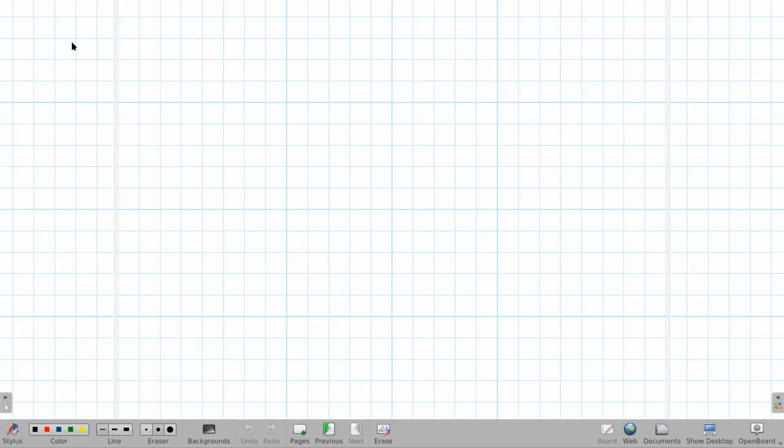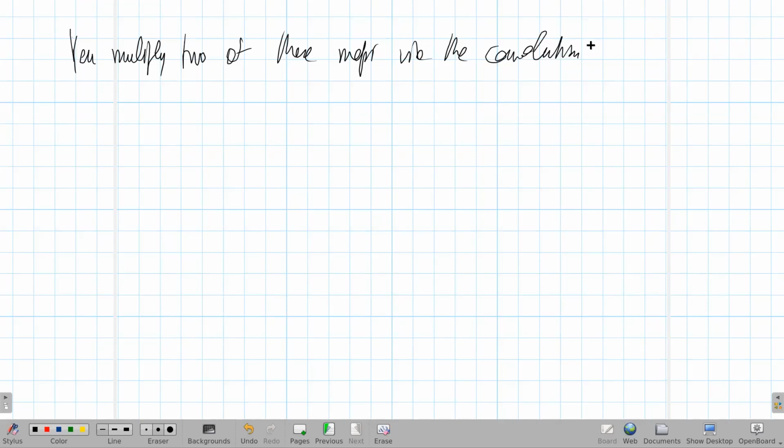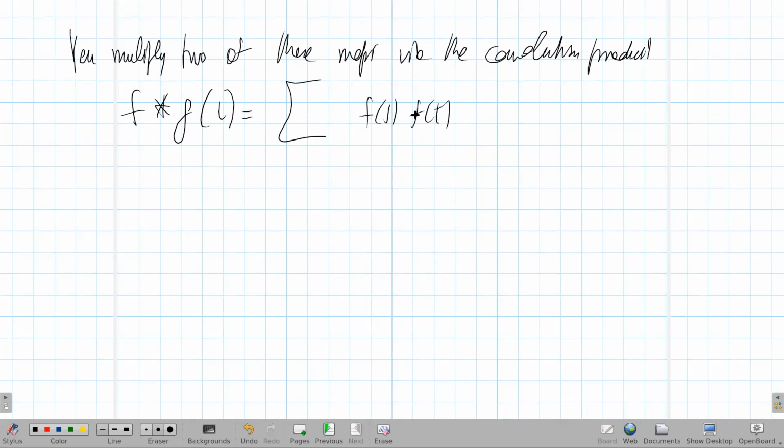You multiply two of these maps with the convolution product, which means that (f*g)(i) will be, and this is important, the sum of f(s) g(t), where s plus t equals i.